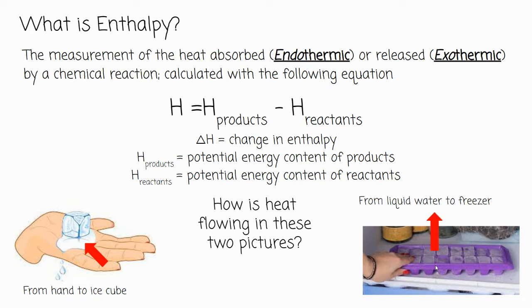Well, the liquid water is going to release its heat into the freezer because we are going from liquid to solid. So we need to let off heat, because what is colder, liquid water or ice cubes? Ice cubes are colder. So if we're already hot, in order to get colder, we have to get rid of that heat. Freezing is going to release heat from the liquid water into the freezer.